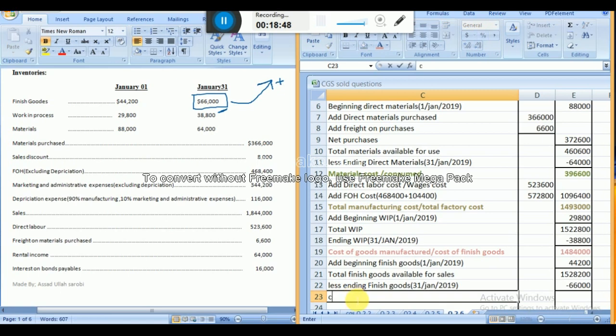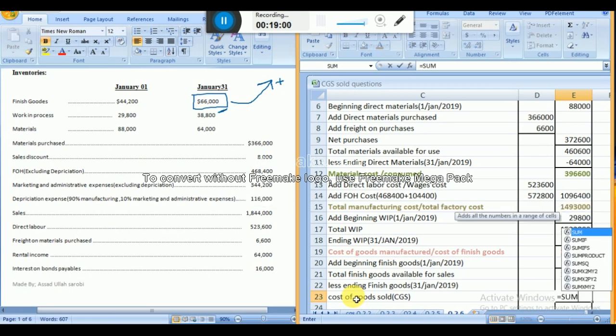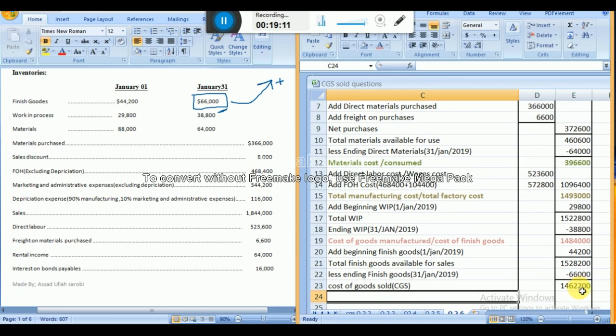So cost of goods sold. How much goods did we sell? Locate. Total goods was 15,28,200, and in these goods only 66,000 remain. So the rest of the goods we sold out.